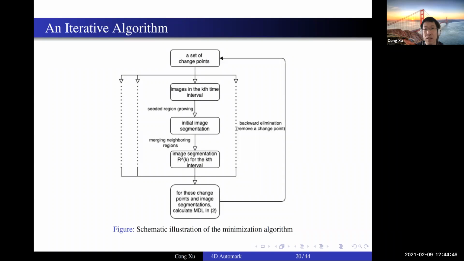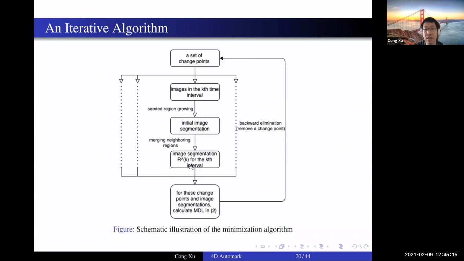So the change points are given, so we know there are some intervals. These intervals are also given. Then for each time interval, we pick the images in that interval, and we use some algorithm, starting with region growing and merging these regions. Then finally, we get the image segmentation.